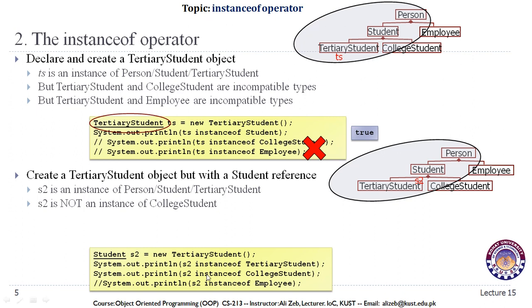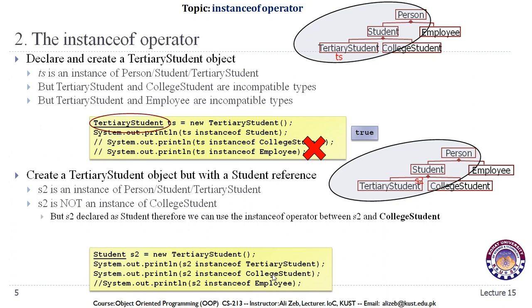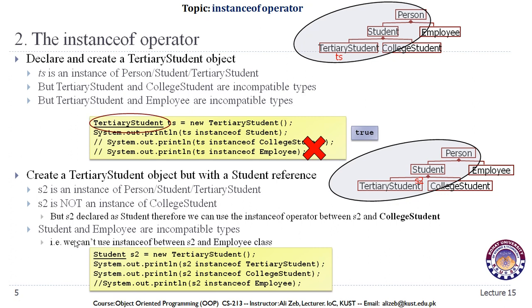But as opposed to the previous case, if we say S2 instanceof CollegeStudent, this will not generate an error this time. It will return a false. S2 is declared as a Student, therefore we can use the instanceof operator between S2 and CollegeStudent, but we cannot do the same for the Employee class. Student and Employee are incompatible types, so we cannot use instanceof between S2 and the Employee class.